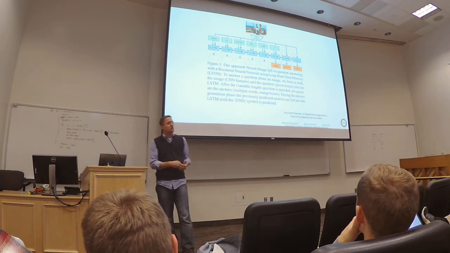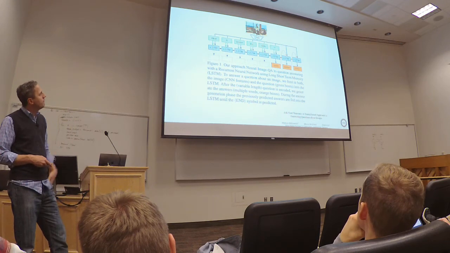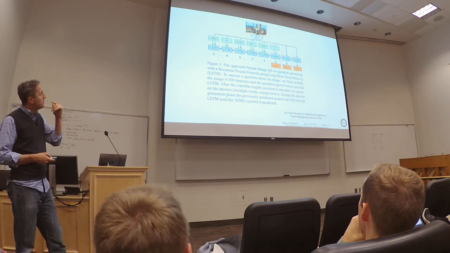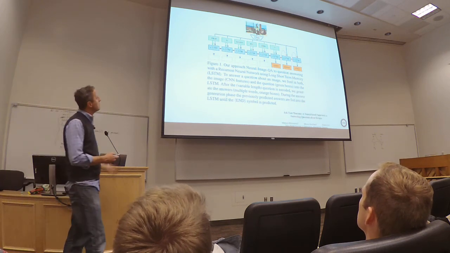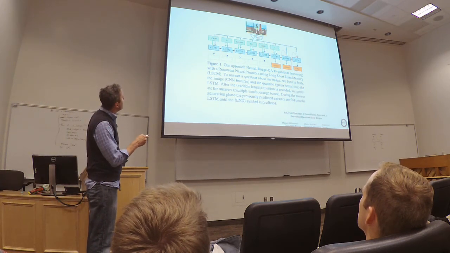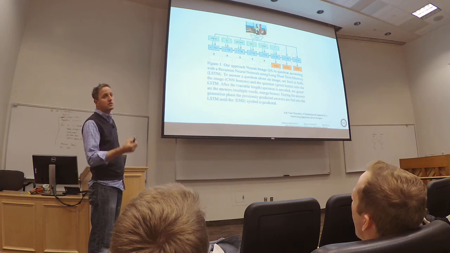One other thing that I thought would be interesting, to give you some more ideas about how architectures like this are used in practice. Here's a very similar kind of architecture, but the idea is that we want to answer questions about images. I show you an image, and I say something like, what is behind the table? The network has to spit out some words representing the correct answer.